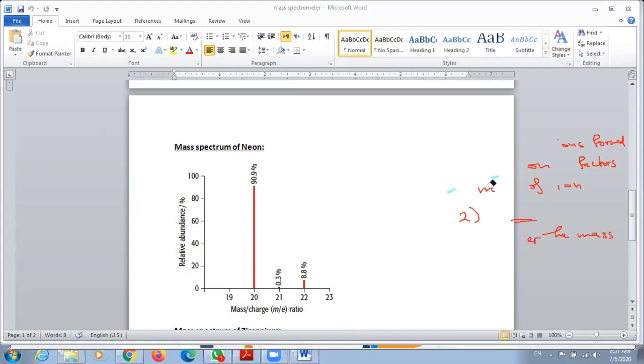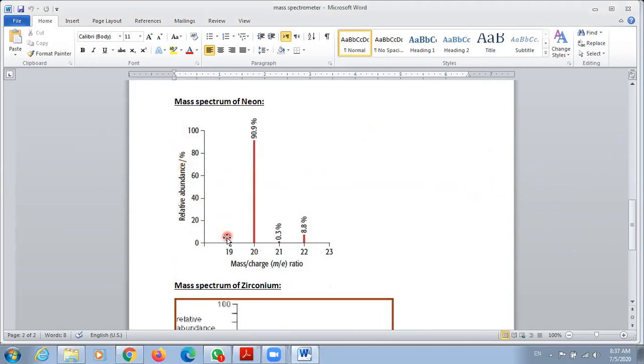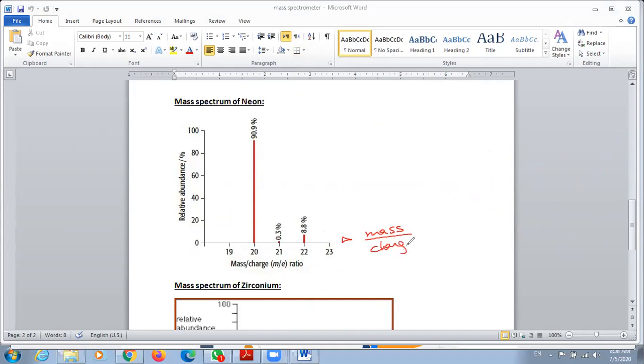We get a drawing or a graph that is drawn between the relative abundance or the percentage abundance against the mass over charge ratio. So this is what we call a mass spectrum that we get on our computer. We get a recording chart drawing the mass over charge against the percentage abundance, or sometimes the relative abundance.